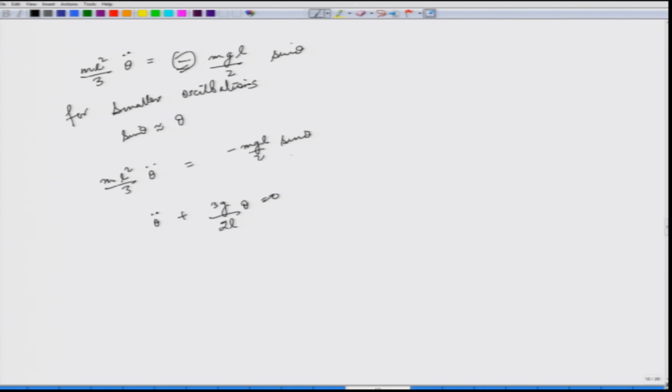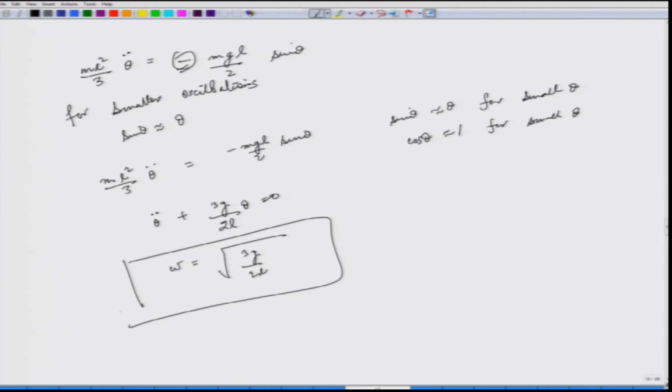We have just put sin theta nearly equal to theta for a small theta, and similarly cos theta goes as 1 for a small theta. I will write it for future reference, and from here my omega is nothing but the square root of 3 g by 2 L. So, this is the frequency of small oscillations for the system, and this is over.